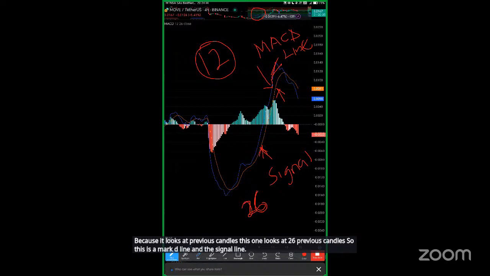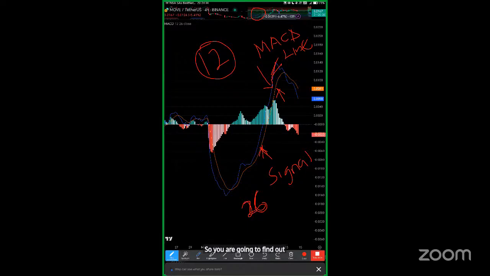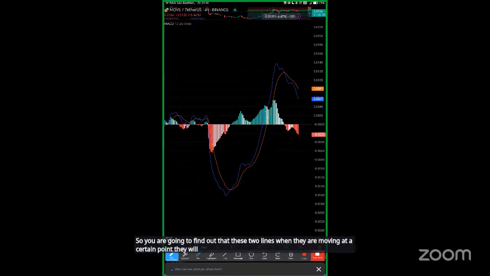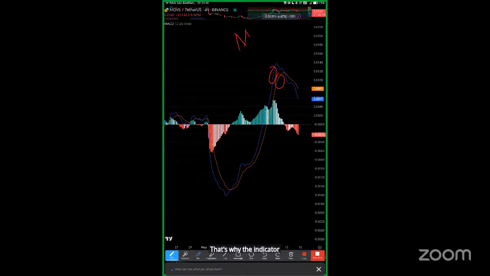So you are going to find out that these two lines, when they are moving, at a certain point, will be diverting from each other, okay? The blue line will be diverting from the orange line. That's why the indicator is called MACD.